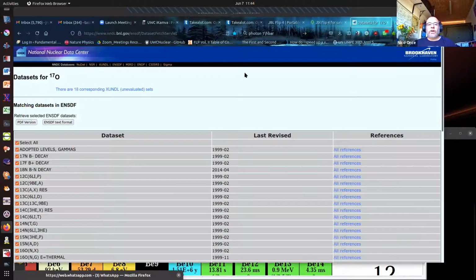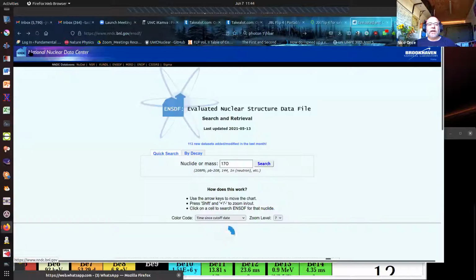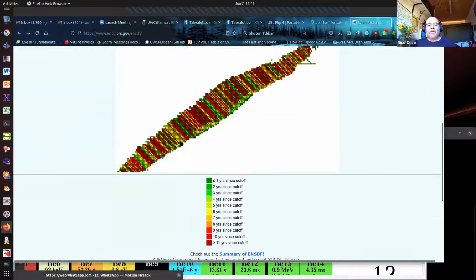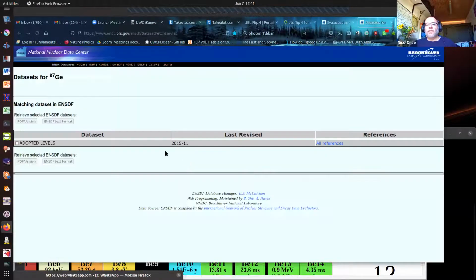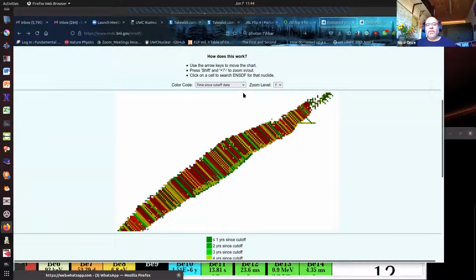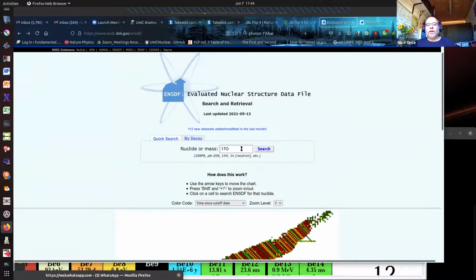Now you can go to the NNDC and say, okay, I want to study this. Here in this chart of nuclei, we can go there, and we just click on, say, fluorine 17.